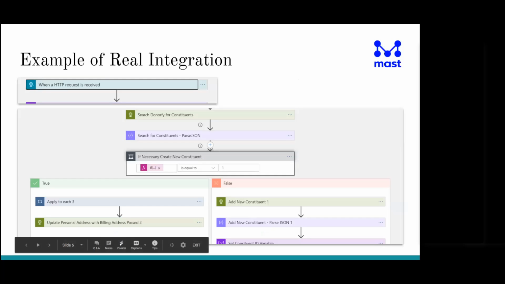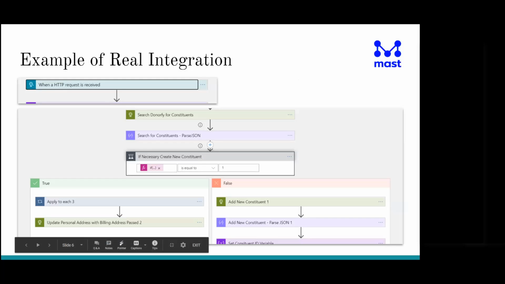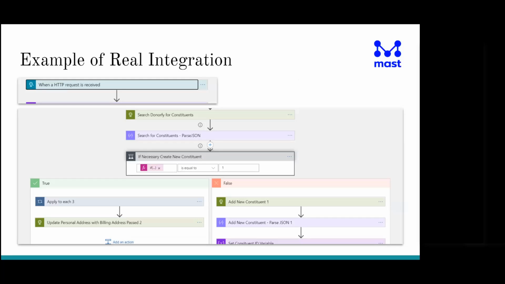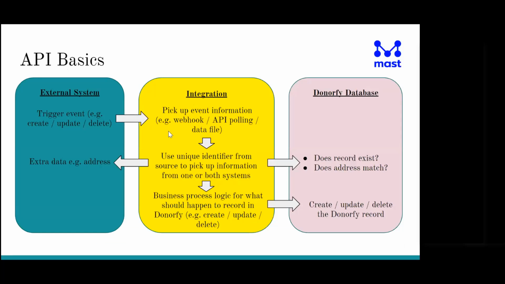Here's an example of a real integration, and Stuart will probably show you this in more detail later. So this is within Logic Apps, the Microsoft tool, which is in Azure. So this HTTP request up at the top here, this is the first step from the integration.